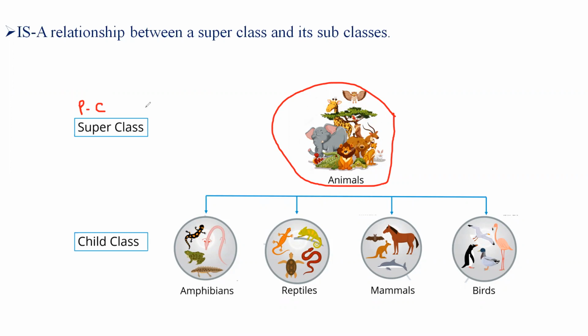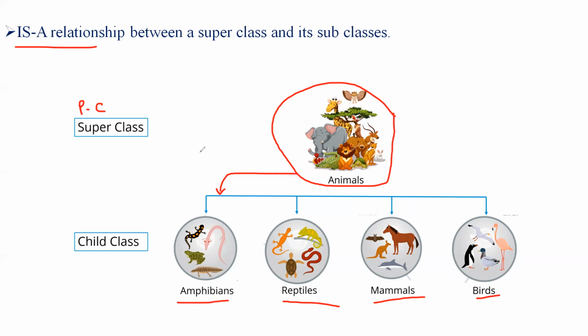The relationship between a superclass and a subclass is an is-a relationship. Here the animal class is divided into 4 different categories, or extends with 4 different subclasses: amphibian, reptiles, mammals, and bird.